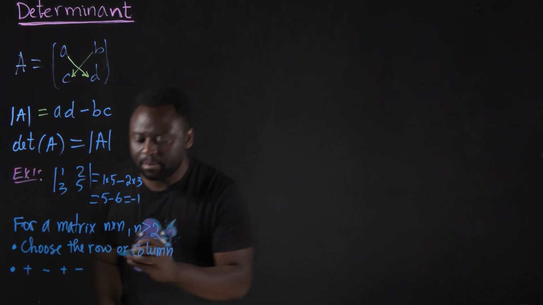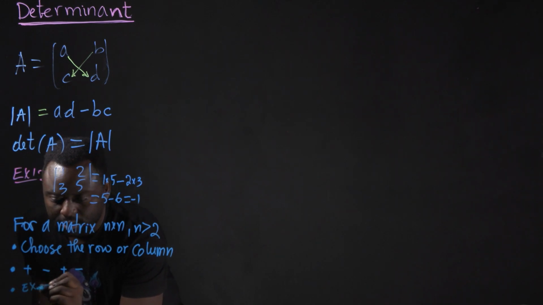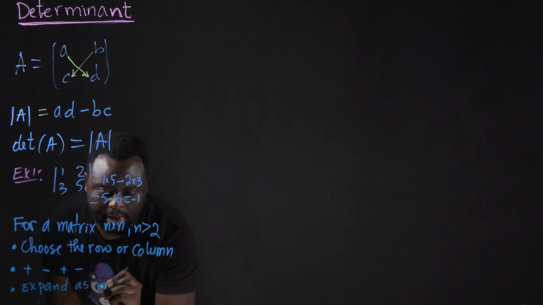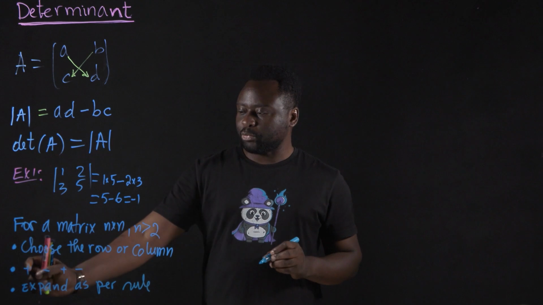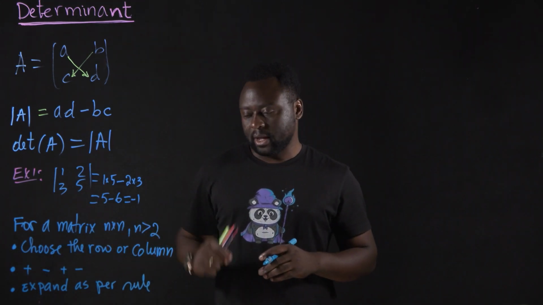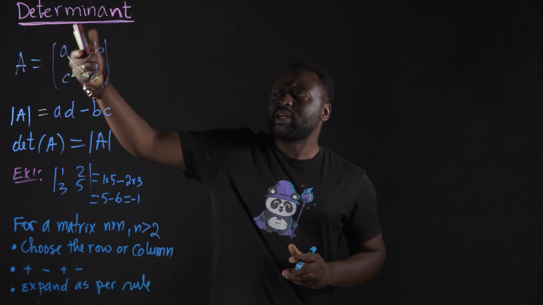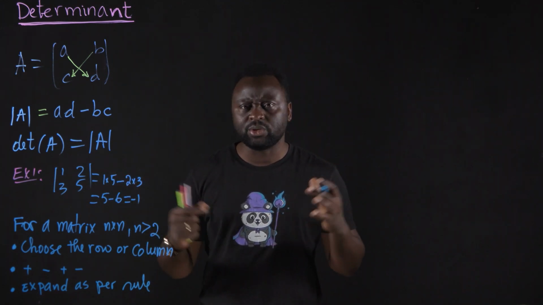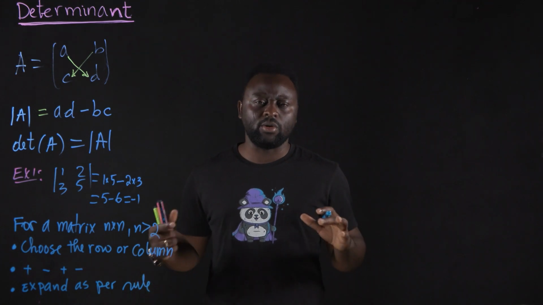And the last step is to expand as per row. All right, these are the 3 steps that we want to follow when we have to expand a matrix n times n, okay, with n greater than 2. Because if n is equal to 2, you just do what I explained here with this example. That will be simple, straightforward. You don't need to choose any signs, or you don't need to expand following a certain row or column.